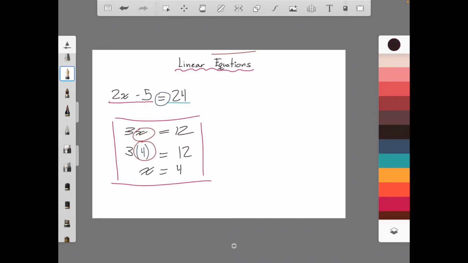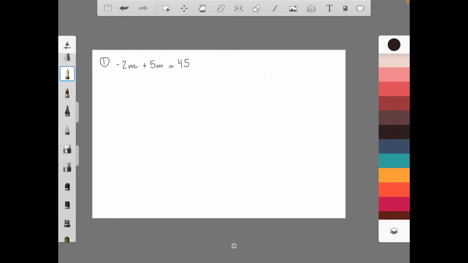Okay, so now I'm going to show you a couple of exercises that are going to help you understand a bit better how linear equations work. Okay, and now we are going to solve this exercise that is negative 2m plus 5m is equal to 45. This is a very simple exercise that I'm going to explain how to solve.